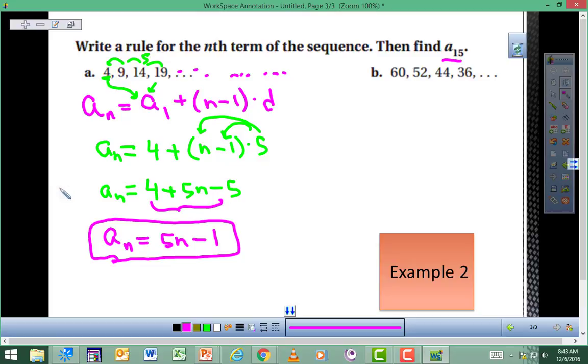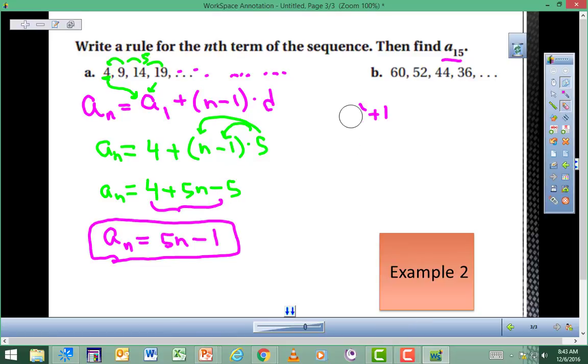Sometimes there's some other rule. Remember, you had some rules like n squared plus 1. Well, that's not arithmetic, and then you had many others. This is a special sequence that comes up. It actually comes up frequently in business. So this is one worthy to spend some time with. Okay, so now we're ready to do the second problem.